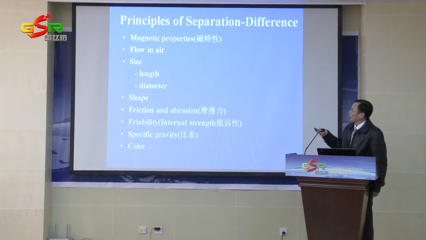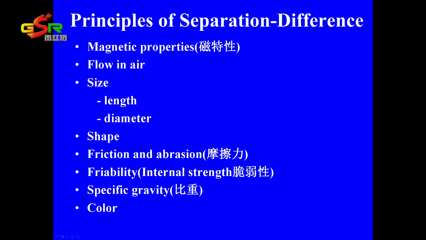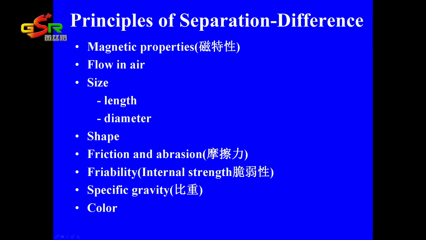We can remove the foreign material according to the magnetic property and the fall property in air, and the different sizes in length and diameter, and the shape, and the friction and abrasion, and friability, specific gravity and color.